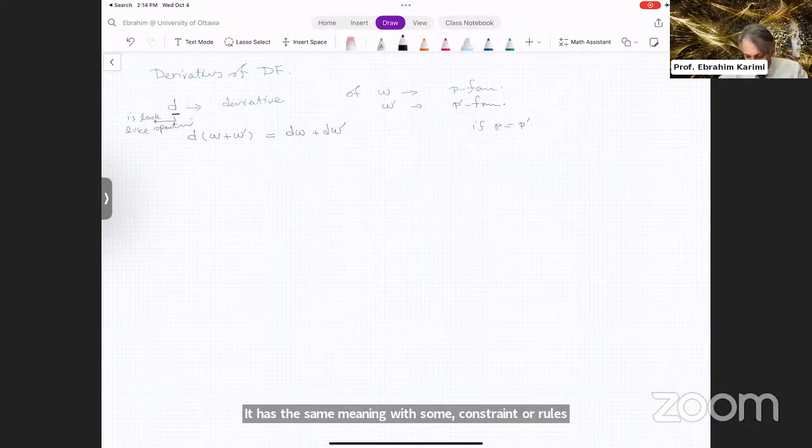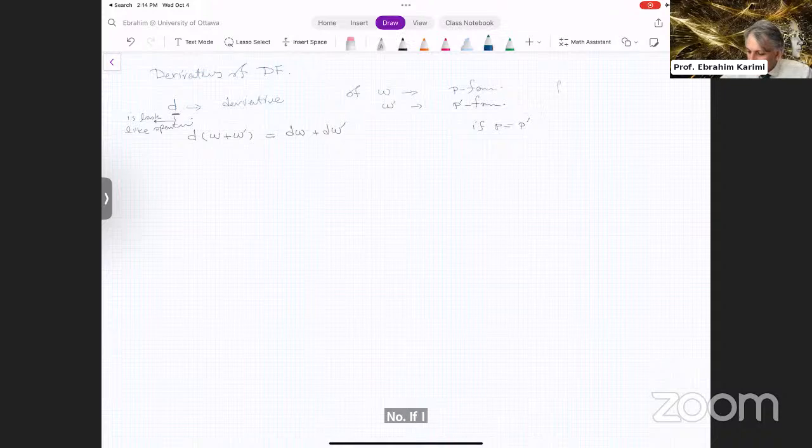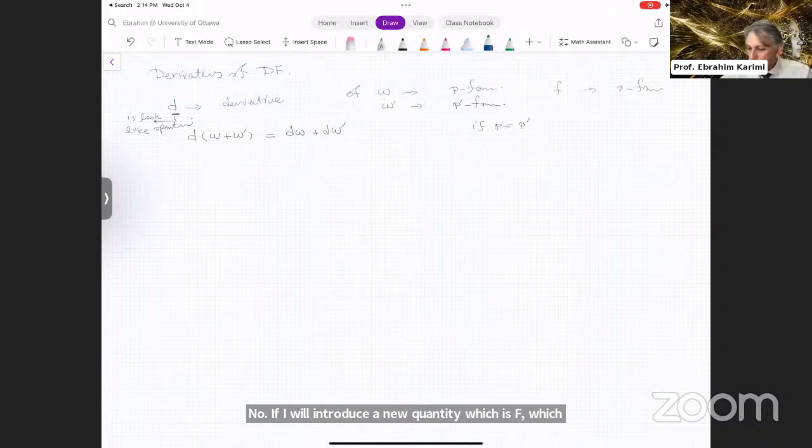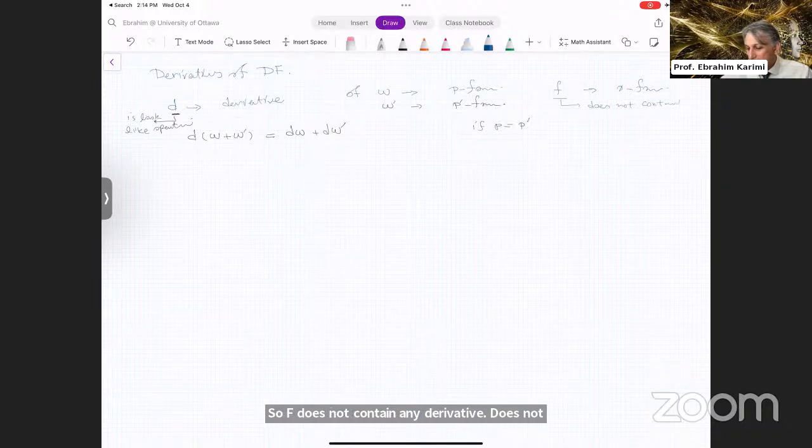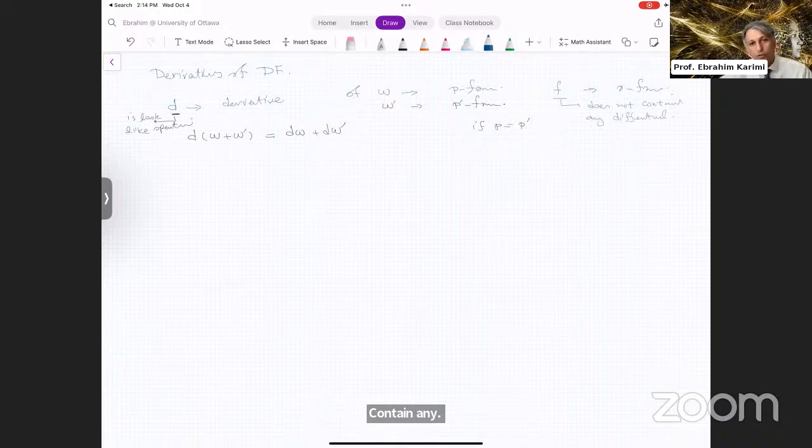Okay, good. Now I will introduce a new quantity, F, which I will call the zero form. So F does not contain any differentials. It looks like, for example, the coefficients that we considered.